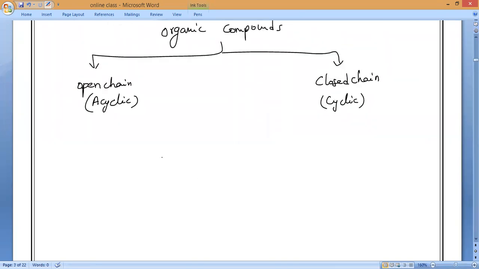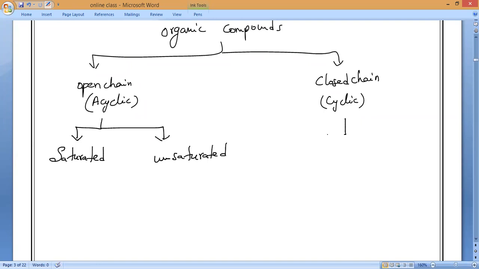Now open chains are again classified into 2 things: one is saturated and another one is unsaturated. In the same way, closed chains are also called saturated and unsaturated.